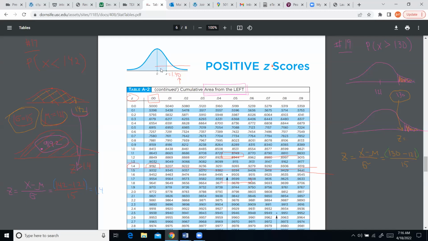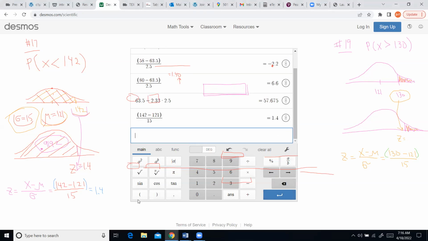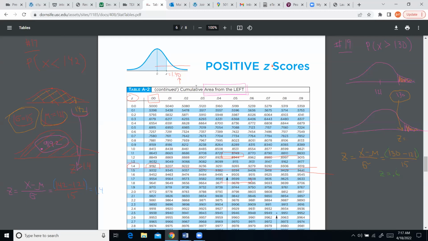So let us do this. Where's my calculator? It's right here. So I got to put, again, fraction with nice little numerator, 130 minus 121 in parentheses, divided by number 15. So there you go, another little decimal. Z is 0.6. How would you like that? Another positive value. Well, so I'll go to the tables, just like I did already today, get 0.6.